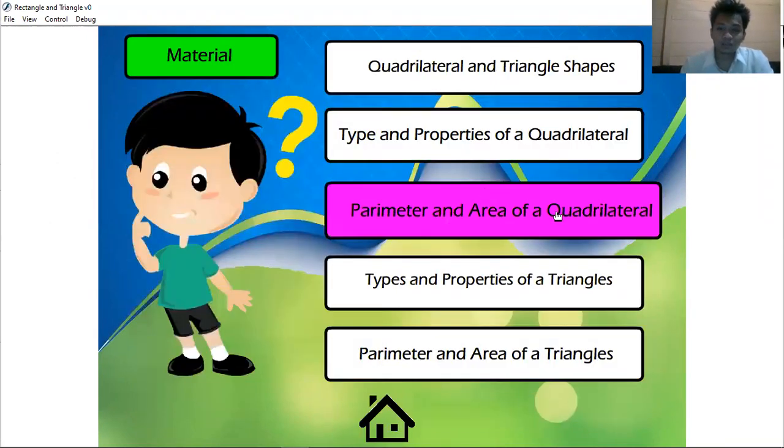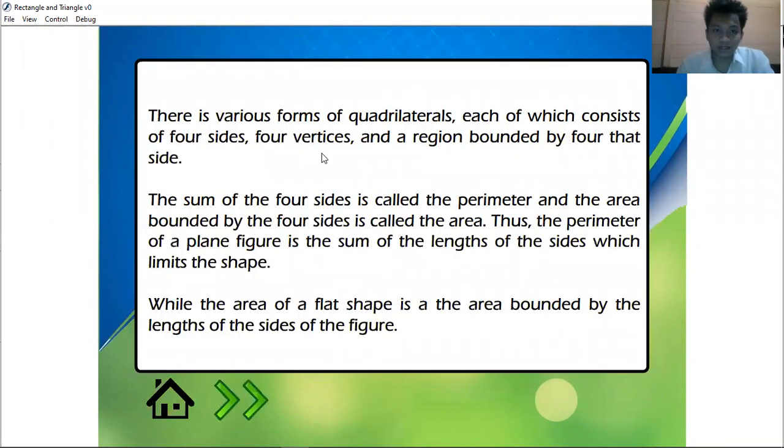The third material is about the perimeter and the area of quadrilaterals. There are various forms of quadrilateral, each of which consists of four sides, four vertices, and a region bound by four sides.